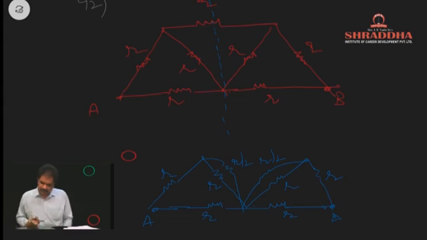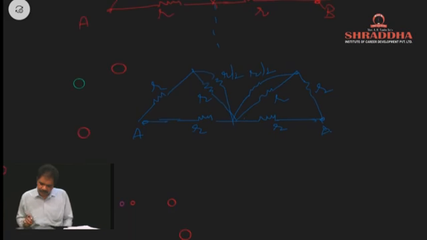So those two R by 2 will be in parallel. So what is the effective resistance of those two? R into R by 2 by R plus R by 2.